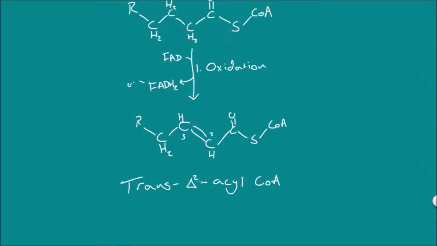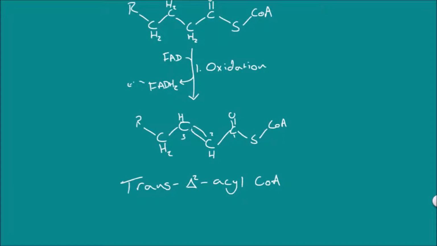So trans delta 2. Delta signifies a double bond within a molecule. The 2 above it signifies between which carbons that double bond exists. So it's not going to be any other number, because carbon 1 in any chain with just a carbonyl will be the carbon attached to the carbonyl, because that will have priority. There's no other carbons here, and they're all hydrocarbons.